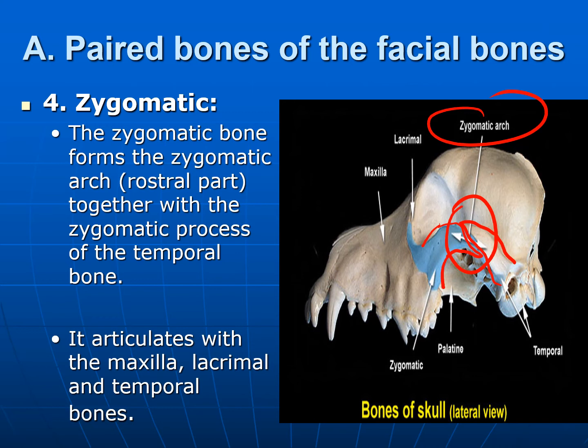You can see the zygomatic bone is very important because it sets the boundaries of the lateral area of the bony orbit.